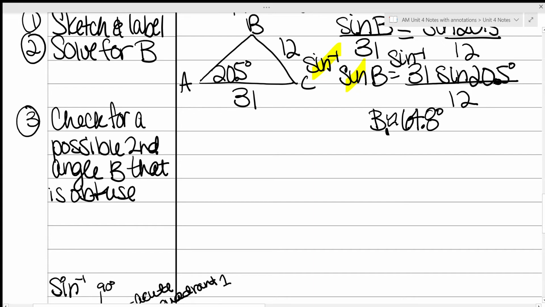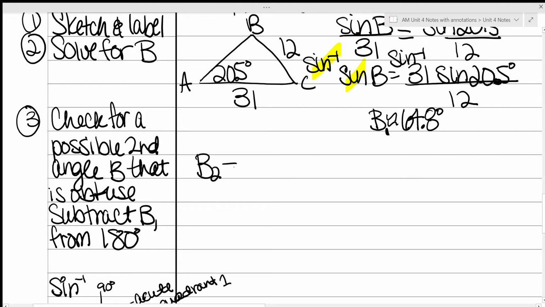So I'm going to subtract the B that we found from 180: B2 equals 180 minus 64.8, and I get approximately 115.2.